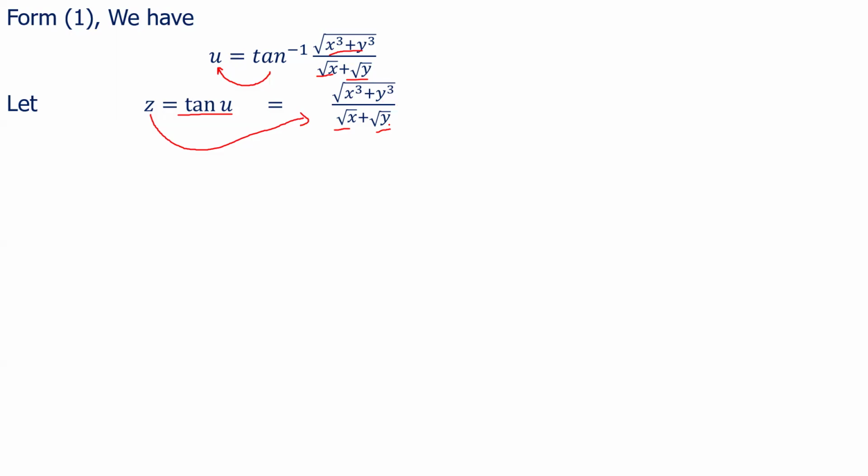Then we are able to determine whether this function z is a homogeneous function of x and y or not. So let us try to do it, and also find what is the degree of this homogeneous function.